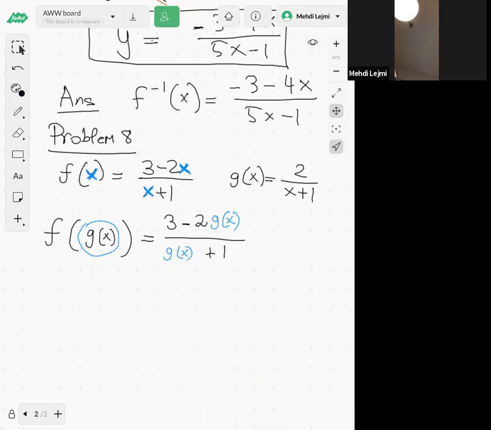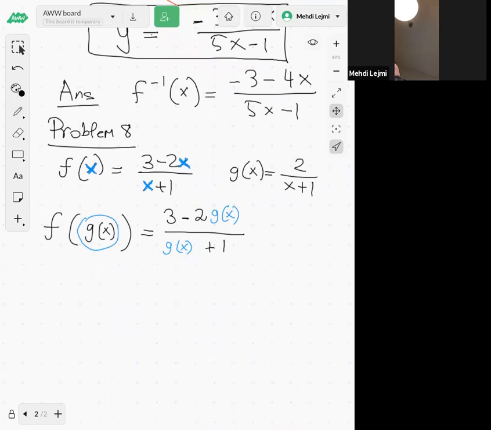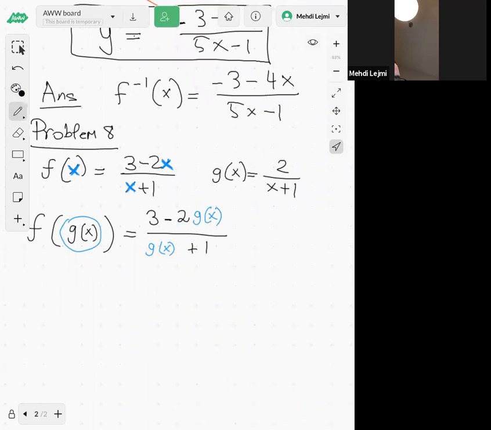This equals 3 minus 2 times g, where g is 2 over x plus 1, over g, 2 over x plus 1, plus 1.